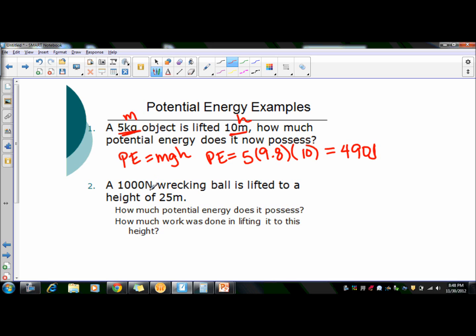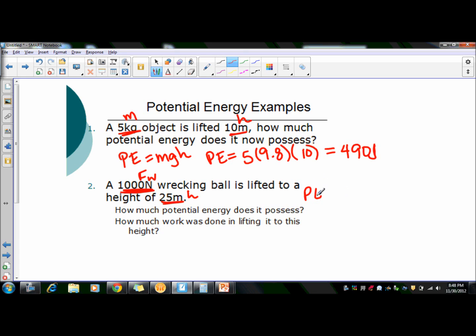A 1,000 newton wrecking ball is lifted to a height of 25 meters. Now this number is in newtons, and newtons does not measure mass. This is the weight. This object has this weight, and we're lifting it to a height of 25 meters.